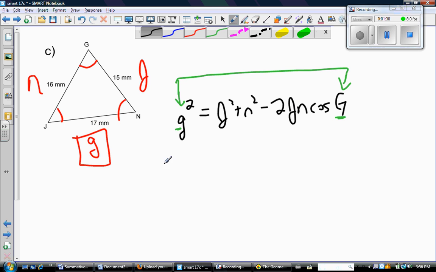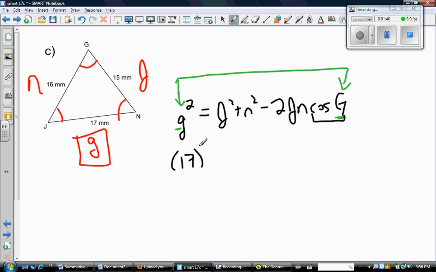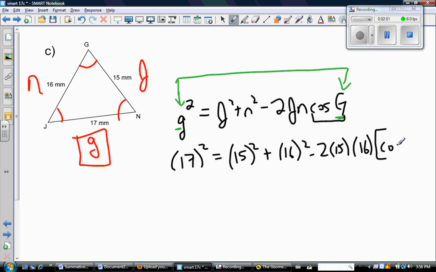So let's substitute in, and then we need to start rearranging because we need to isolate G, which really means isolating cosine G. So 17 squared equals 15 squared plus 16 squared minus 2 times 15 times 16 times cosine G. I'm putting a big square bracket around cosine G to remind myself that my first priority is to isolate cosine G. Once I've done that, then I can think about isolating G itself.